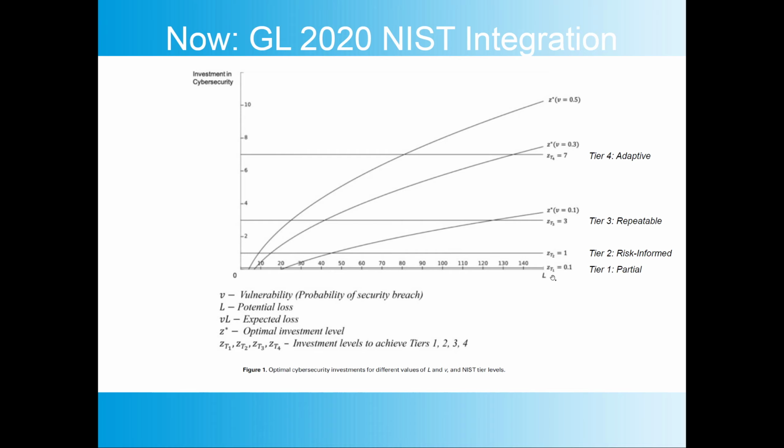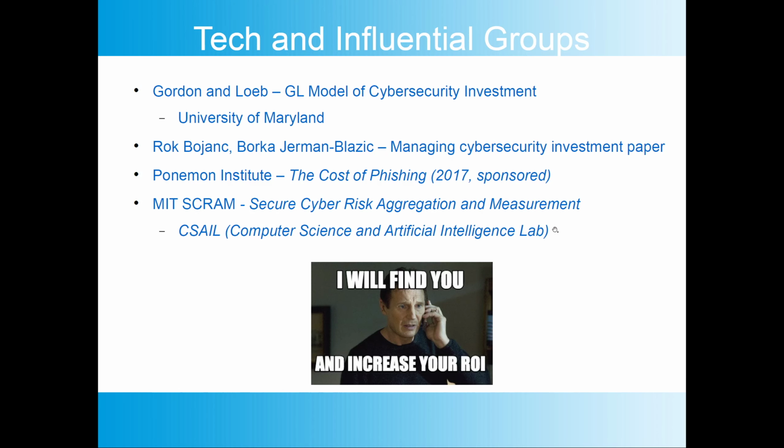Given the value of the data being protected and the probability of breach, they show the different values you need to invest if you want to achieve those tiers. And all these figures are from the original papers. I didn't come up with any of this.